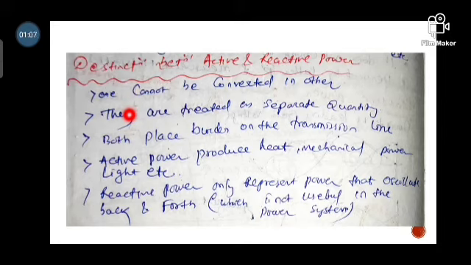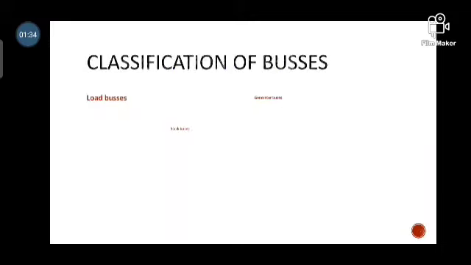So they are treated as separate quantities. Both place a burden on the transmission line. The active power produces heat, mechanical power, light, etc., and the reactive power only represents power that oscillates back and forth, which is not useful in power systems.